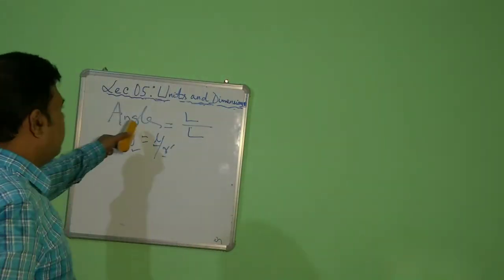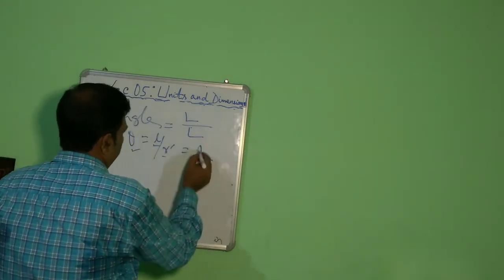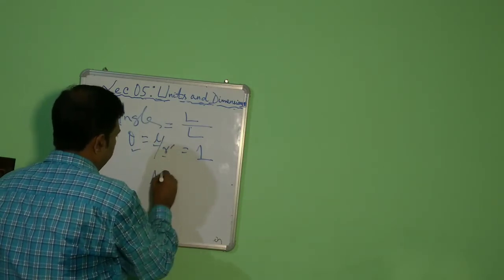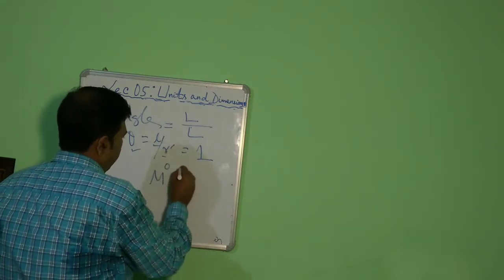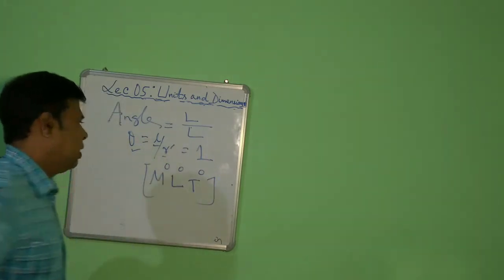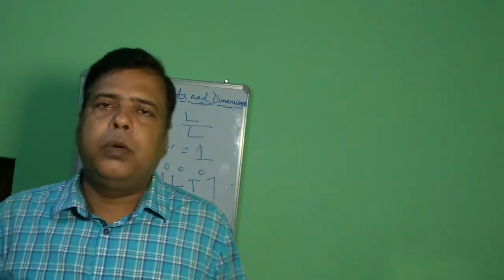So the dimension of angle becomes L upon L, which is equal to 1. So the dimension of angle becomes M to the power 0, L to the power 0, T to the power 0. So you can conclude that angle is having a unit of radian, but it is dimensionless.